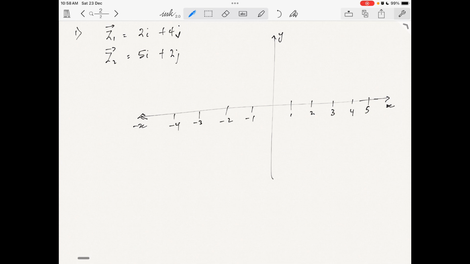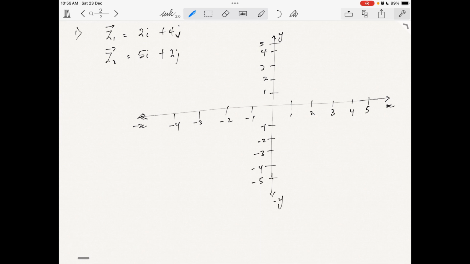Going further to the Y, we can also have 1, 2, 3, 4, 5, and minus 1, minus 2, minus 4, minus 5. This is minus Y.